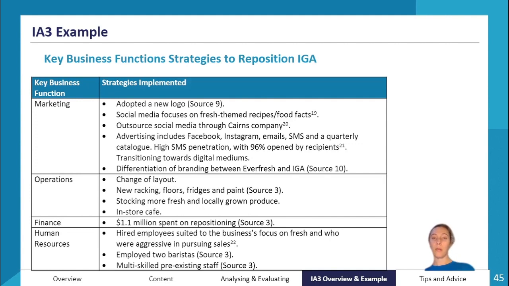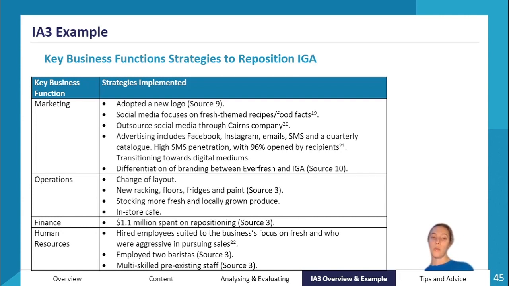Sometimes you may be retraining existing employees. Sometimes you may need to also bring in new employees entirely who are specialists in some area. Hiring employees suited to the business's focus on fresh as well. And they wanted people who are aggressive in pursuing sales, because that's something that they identified as important.